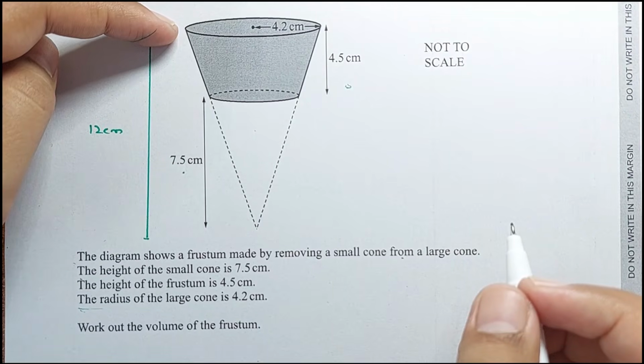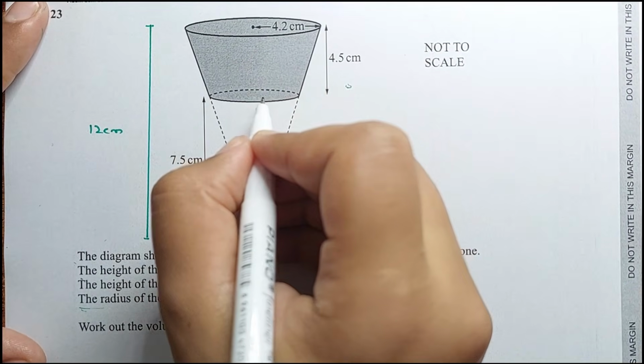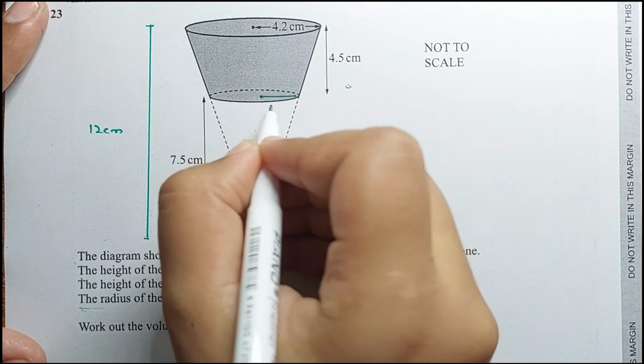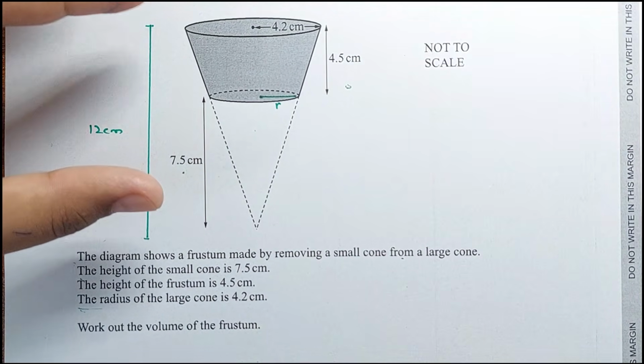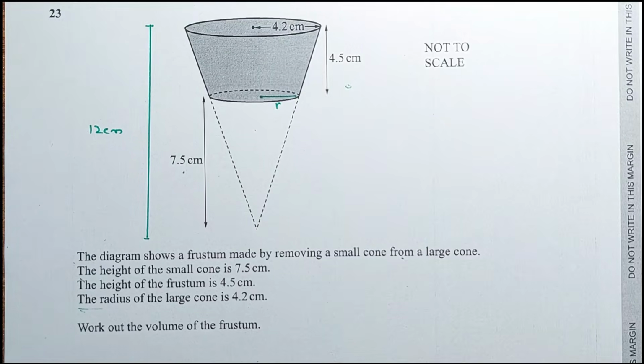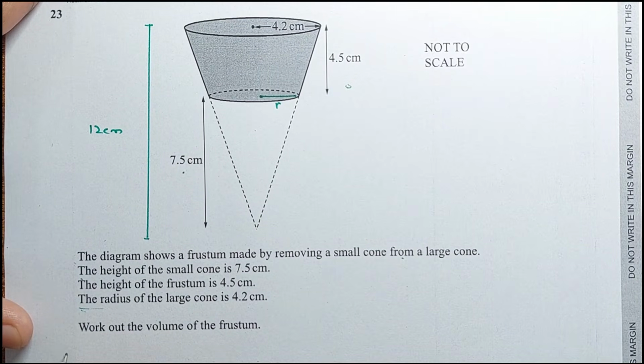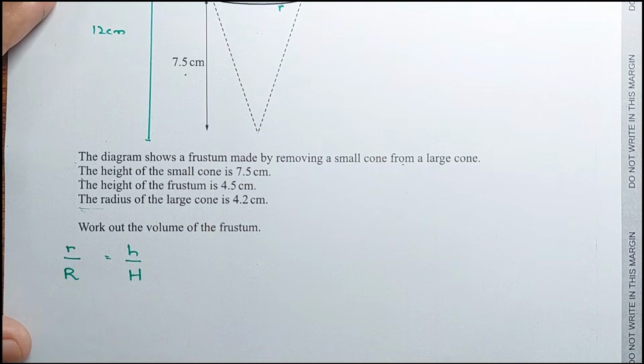The radius of the larger cone is 4.2, but we don't know the radius of the smaller cone. So let's say the radius is r. Since these two shapes are mathematically similar, the ratios of their corresponding sides are equal. So the radius of the smaller over the radius of the larger equals the height of the smaller over the height of the larger.